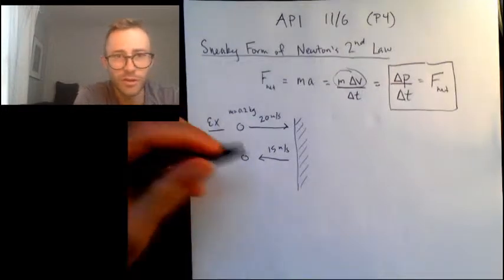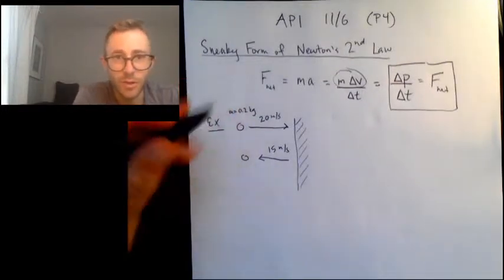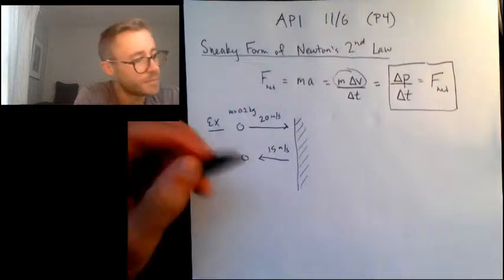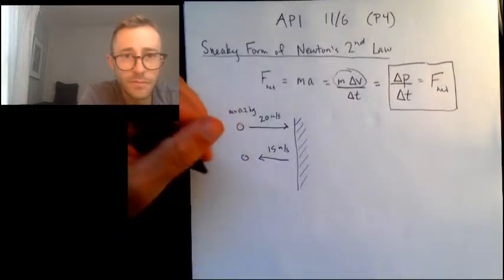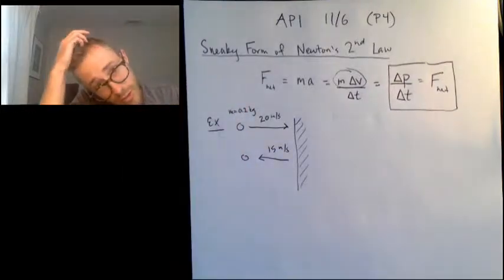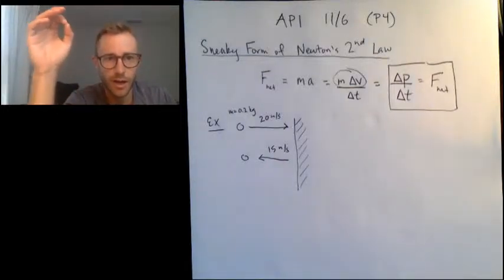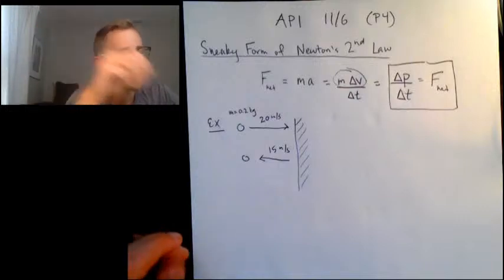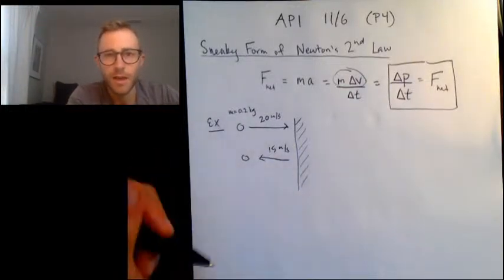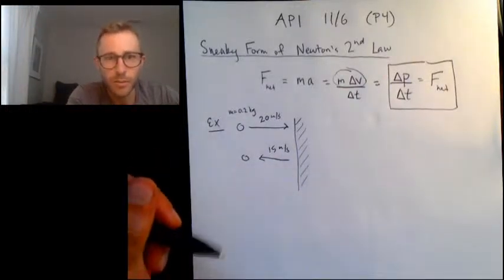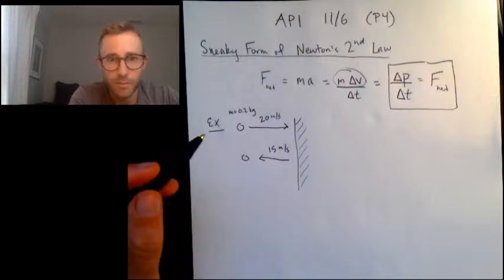Now, you're watching this collision with an ultra high speed camera, okay? And so your ultra high speed camera is so good at observing fast things that you can actually see how long the ball is in contact with the wall for.